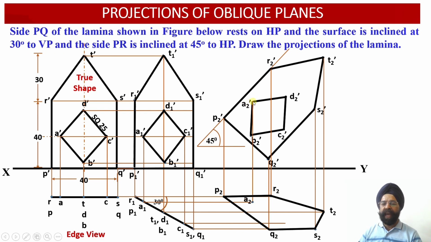From A2 dash, we have drawn a vertical projector downwards and we have extended this vertical projector from A2 dash till it intersects with the horizontal projector which has been drawn through the point A1. So this is the location of the point A1 in the edge view. Now from this A1 point, a horizontal projector has been drawn. So the intersection of these 2 projection lines has provided us with the point A2 over here.